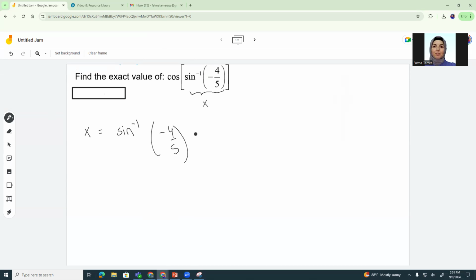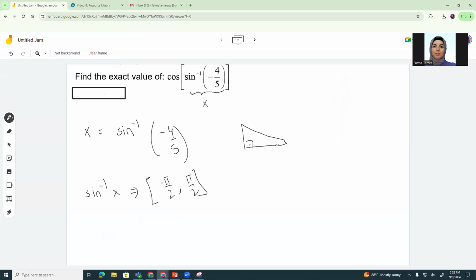Basically, I'm asking myself, what is the angle whose sine value is equal to negative 4/5? And I just have to remember the domain for the inverse sine function: it can only exist from negative pi/2 to positive pi/2.